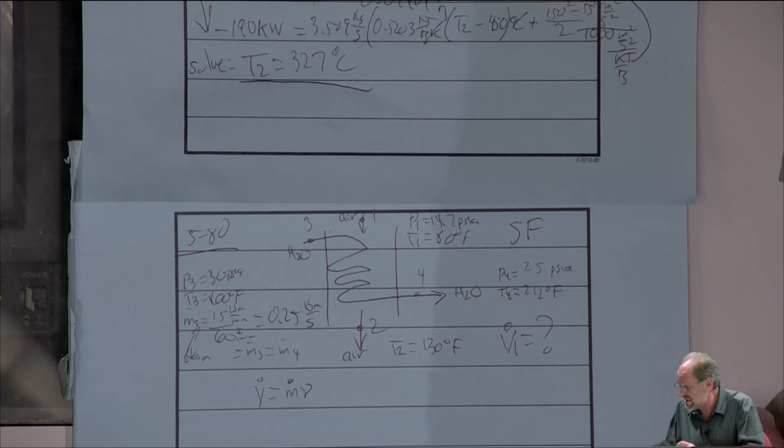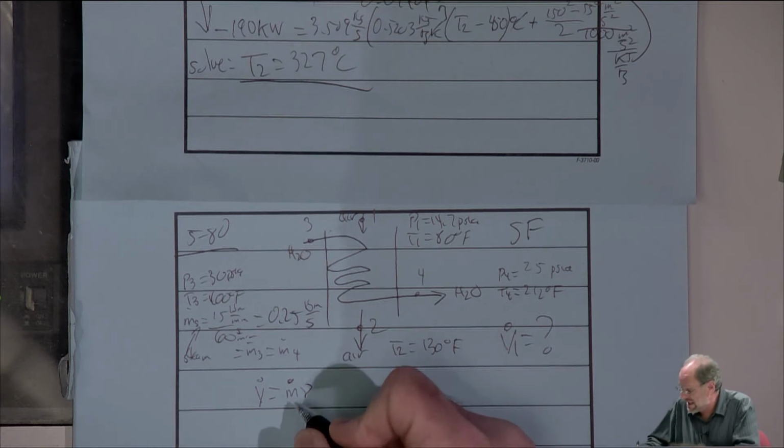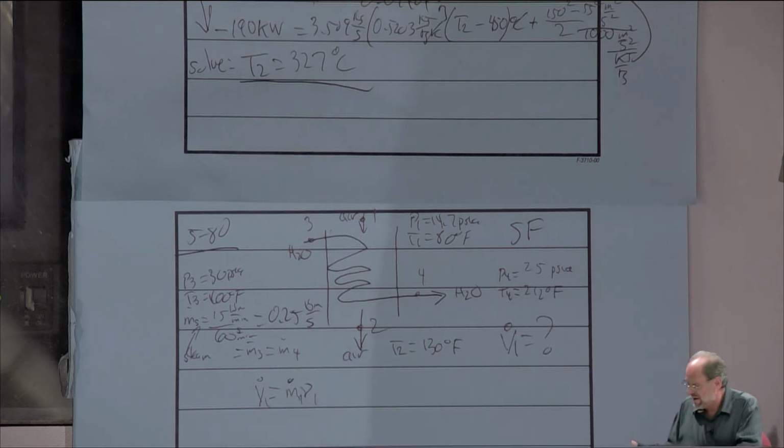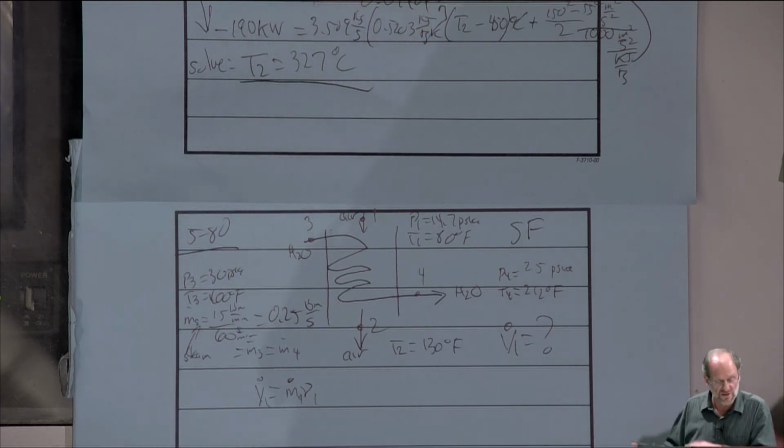Well, that doesn't really give us any clues as to why we might need to solve the first law. Or does it? How am I going to find the air mass flow rate? Again, this is at point 1. I can't find the mass flow rate unless I use either one of the mass flow rate equations, a continuity equation, or I use the first law.